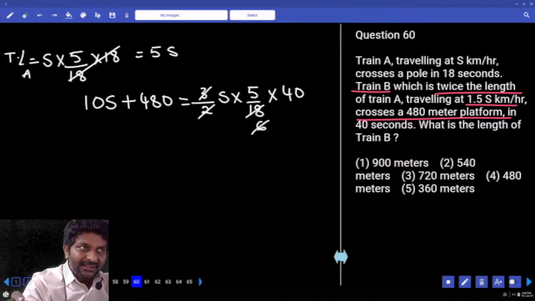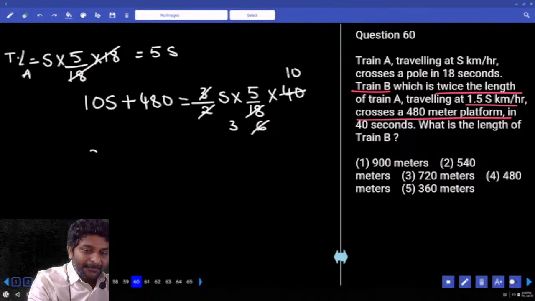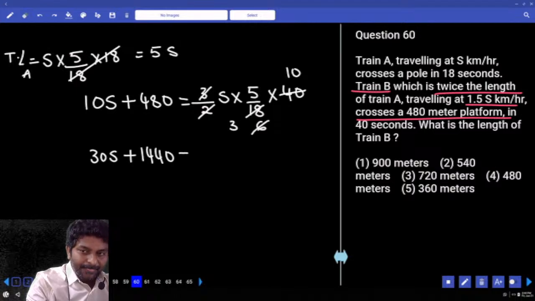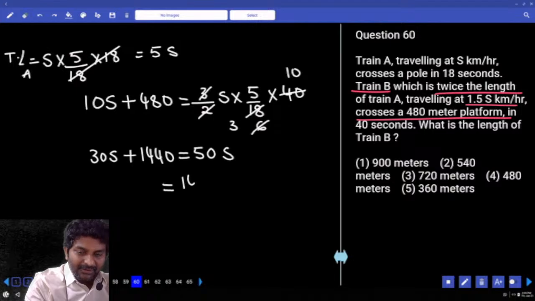Numerator of 40 also there, cancellation with 4. 4 3s, 4 10 times. 3 goes to left hand side. 30s is equal to 30s plus 480 times 3, 1440, then 20s is equal to 1440.